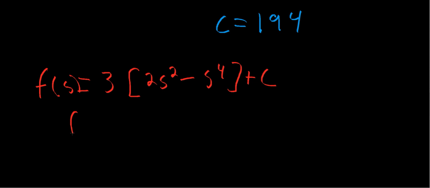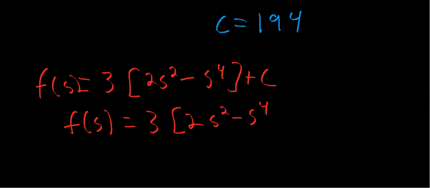Our solution is f of s equals 3 times 2s squared minus s to the 4th plus our c, which we know now is 194. So this is the solution to our problem.